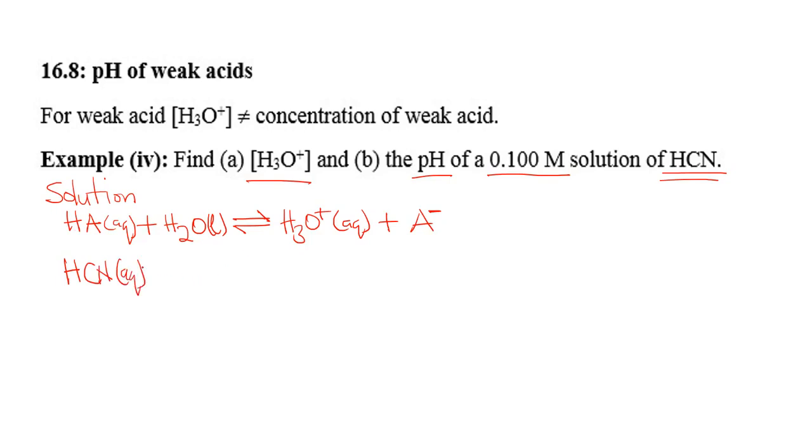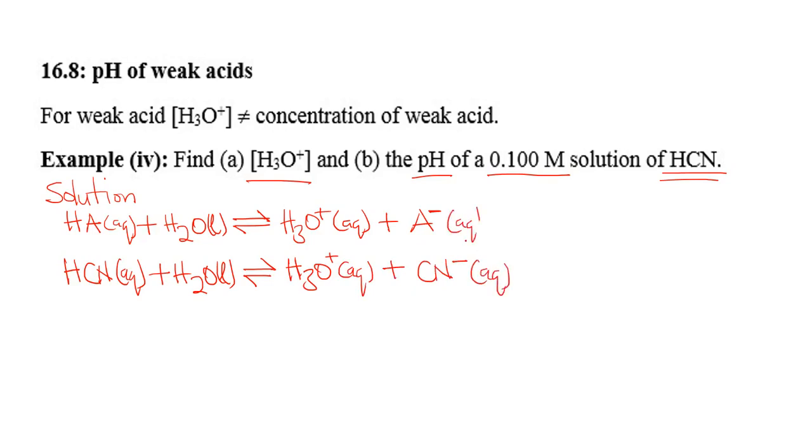So HCN aqueous plus H2O liquid in equilibrium with H3O plus aqueous plus our A, in this case CN minus, which is also aqueous.